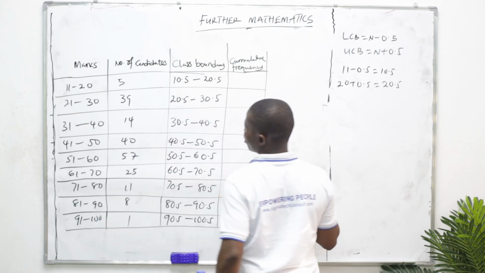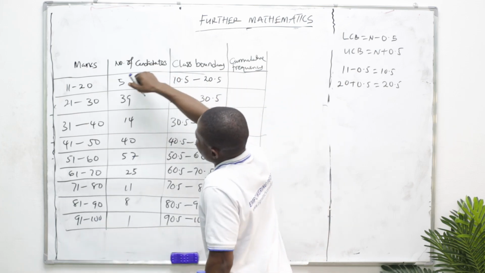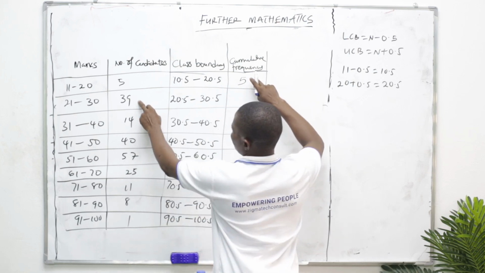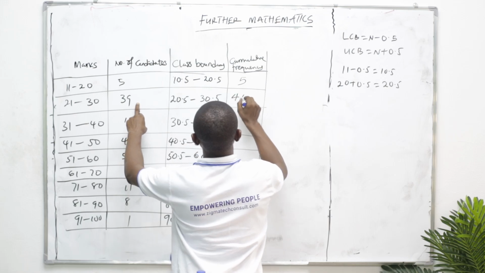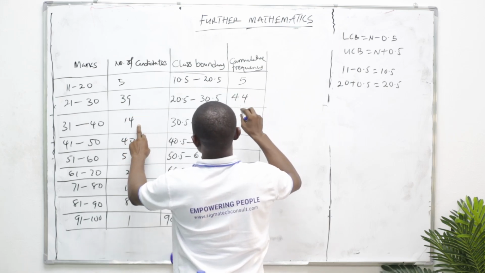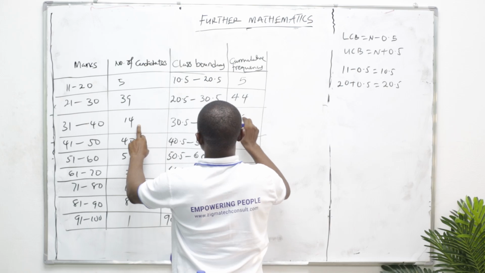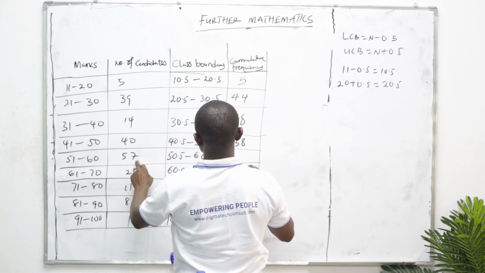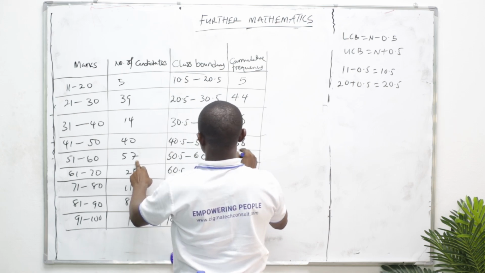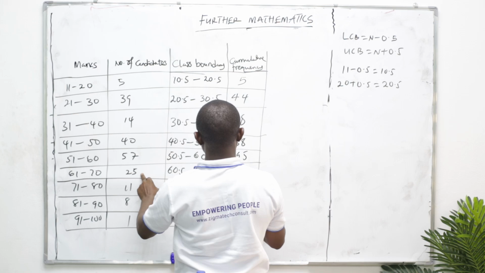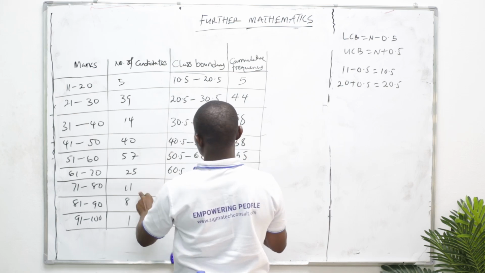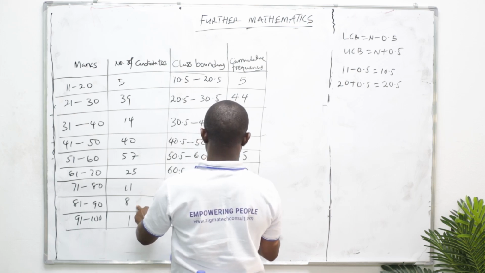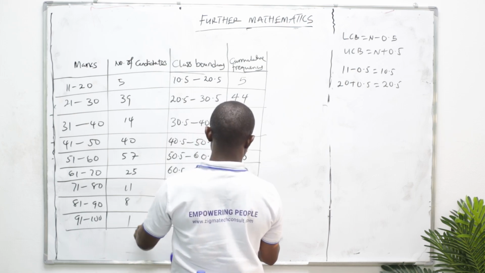So we'll have cumulative frequency 5 plus 0 will give us 5. 5 plus 39 is 44 plus 14, 54, 58 plus this 138 plus this is 45, 195 plus this is 200, 220 plus this 231 plus this 239 plus this 240.